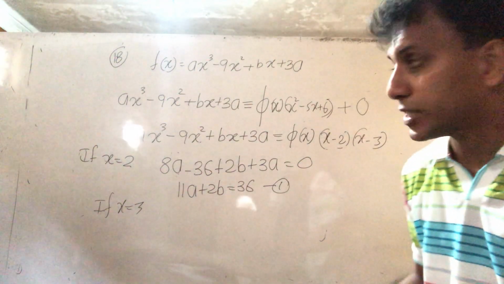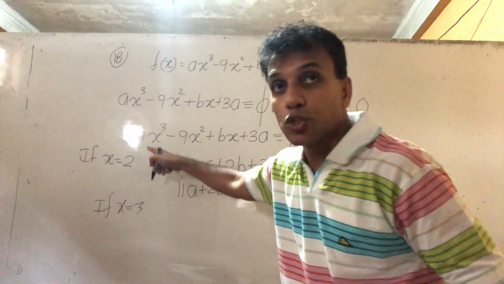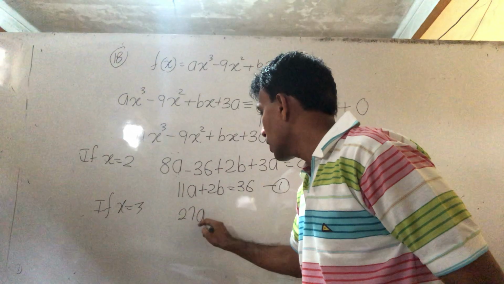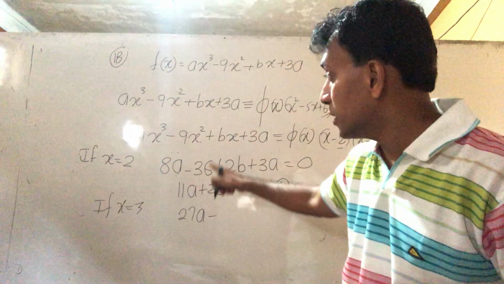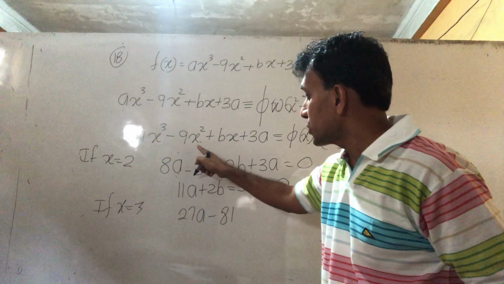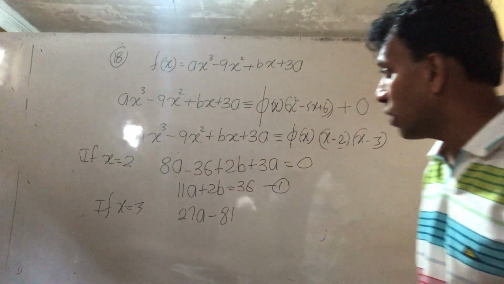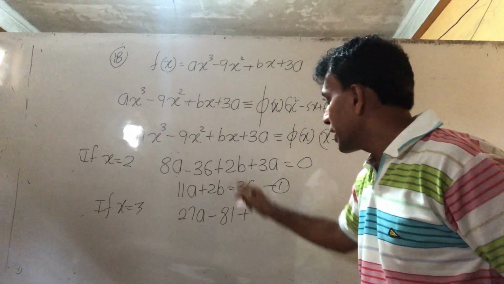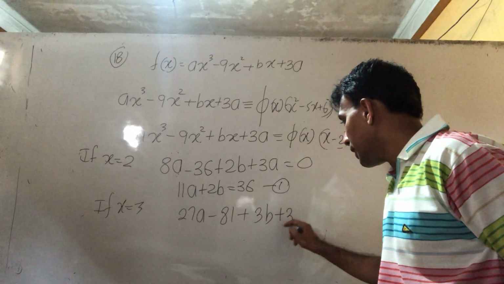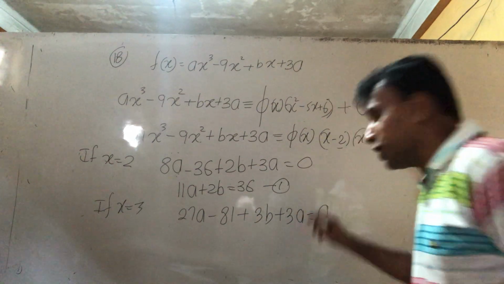If x equal 3, what is that? 27 times a, 27a. Minus 9 times 9, minus 81, is it? Okay, plus 3b plus 3a equal to 0.